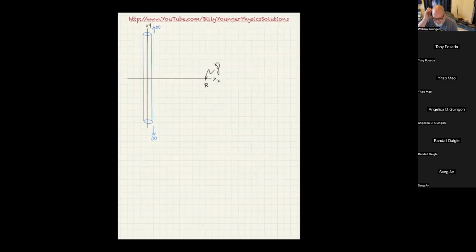So here's the first charge distribution I'm talking about. What I'm imagining here is an infinitely long wire. That infinitely long wire is going to be parallel to the y-axis. And in fact, the y-axis is like the symmetry axis of this wire. And it goes on essentially for infinity above and for infinity below. And I want to say it's uniformly charged.